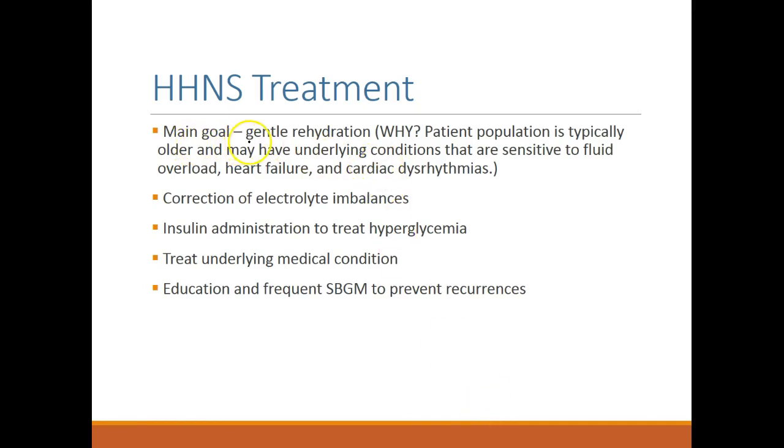Big difference with DKA: we wanted typically rapid rehydration, whereas this patient population is older and can have other comorbidities, say congestive heart failure, so we're going to have gentle rehydration. Correct any electrolyte imbalances, give insulin to treat the hyperglycemia, treat any other underlying medical conditions, and educate the patient about checking the blood sugar to prevent recurrences if needed.